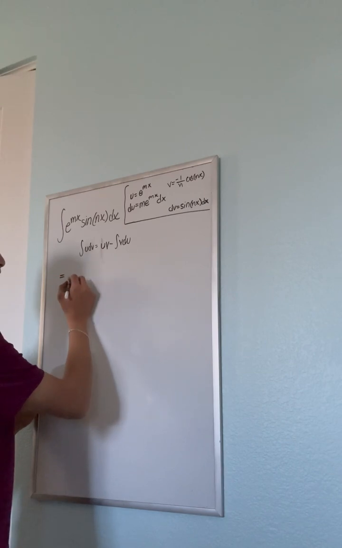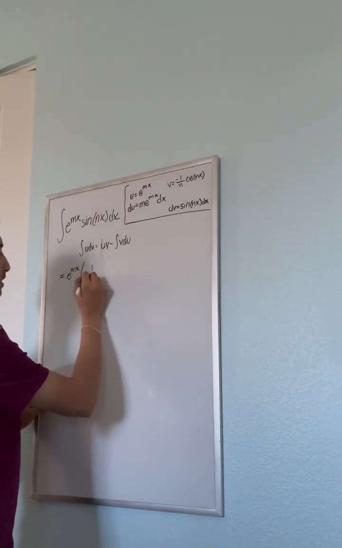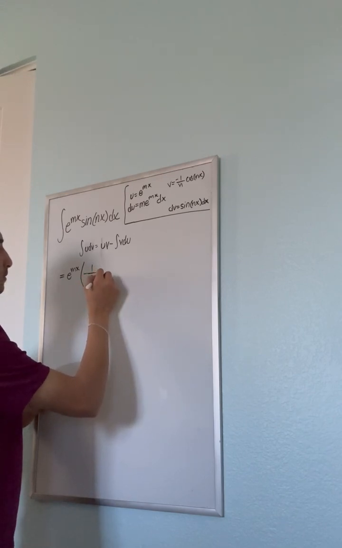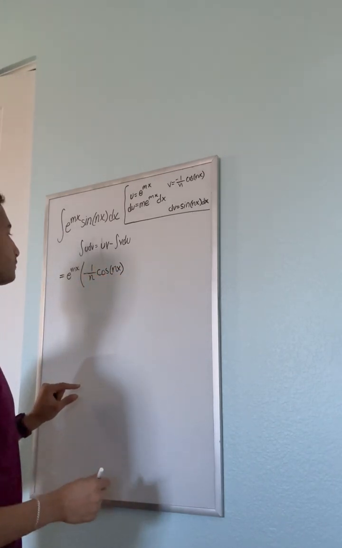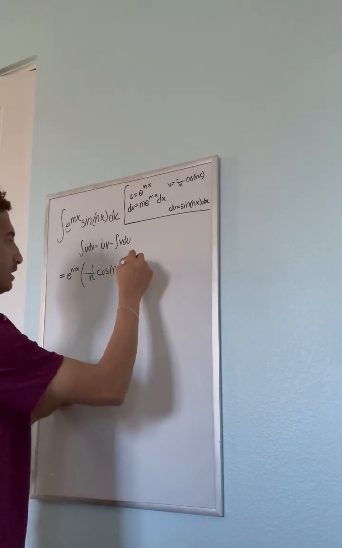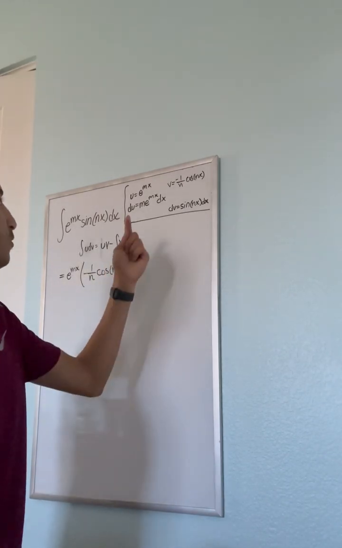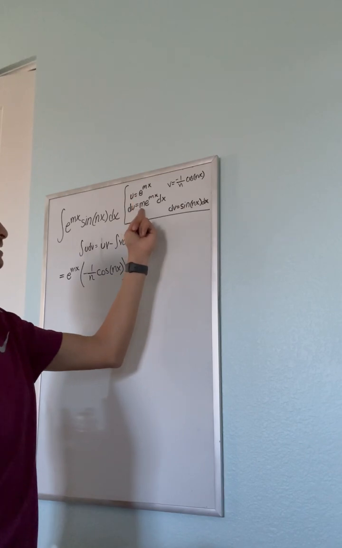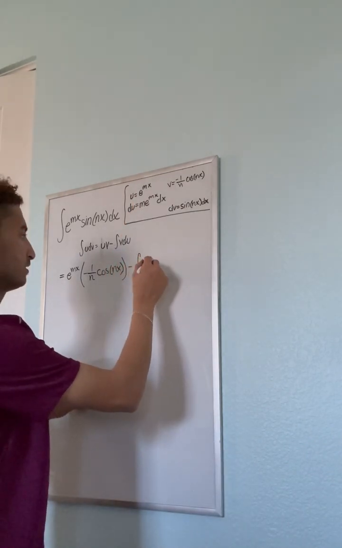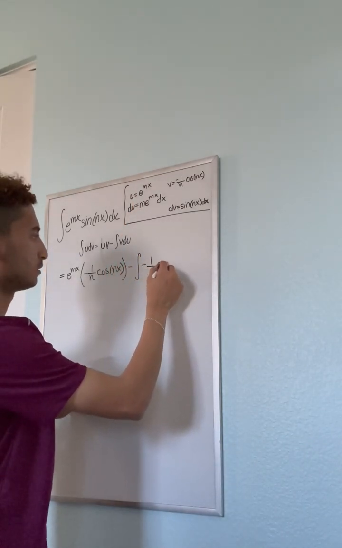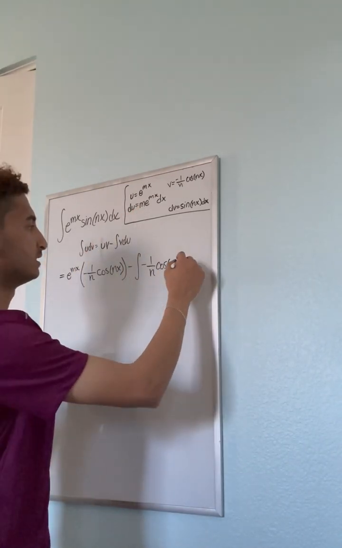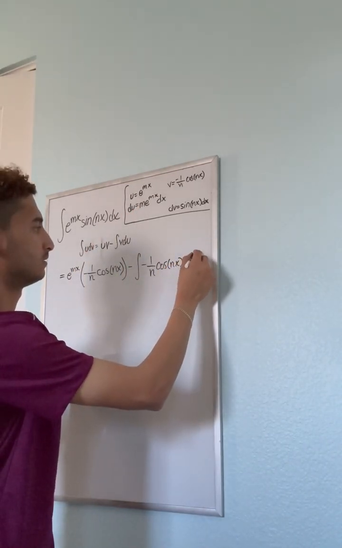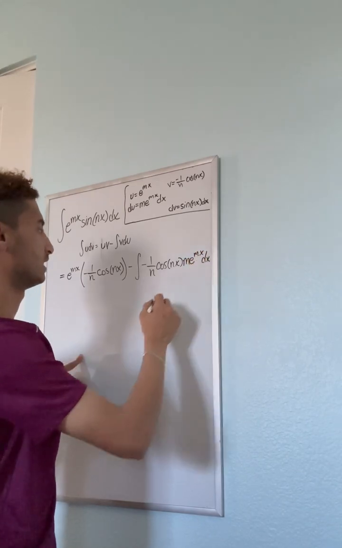So we got e to the power of mx times -1/n cosine of nx, minus the integral. Now, the integral will be v du, so it's going to be -1/n cosine of nx again. du would be m e^(mx) dx.